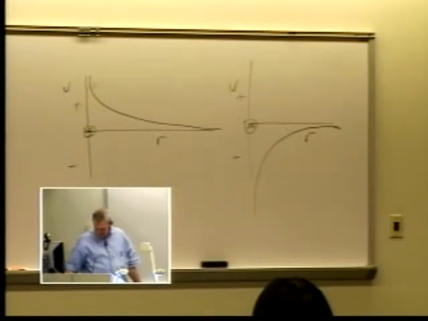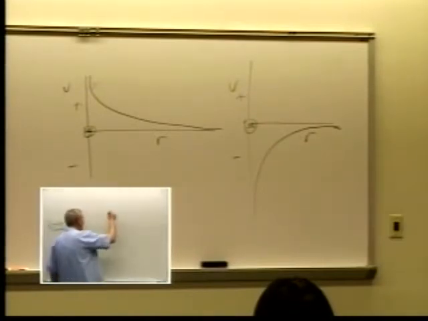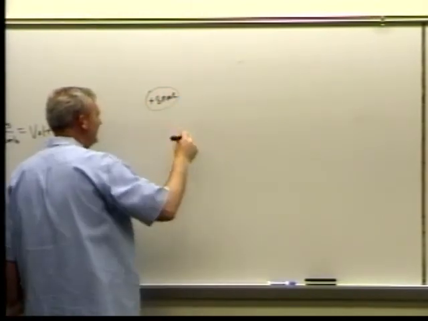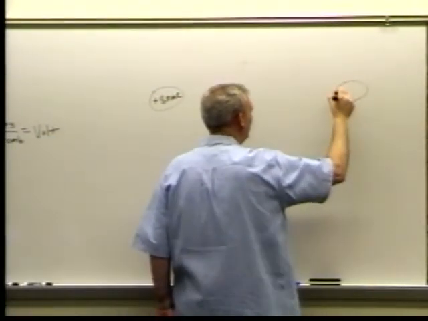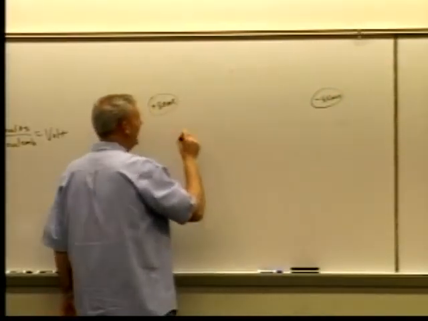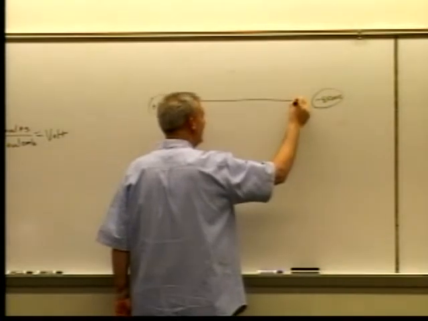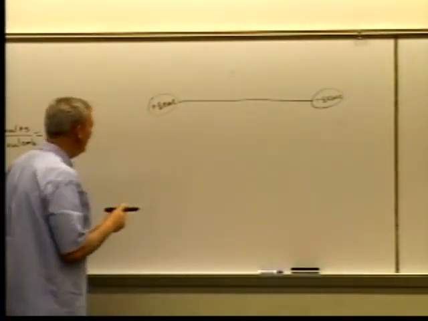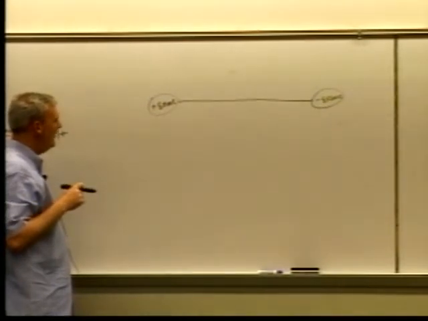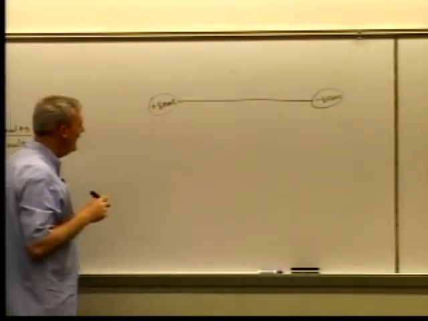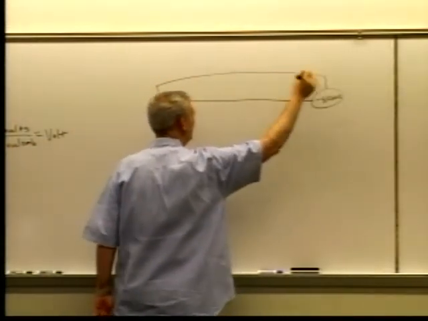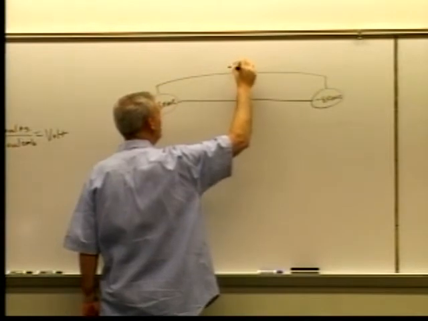Let's say I've got plus 8 microcoulombs right here, and I've got negative 8.0 microcoulombs right here, just on this line only, and let's say that the whole thing is 0.8 meters apart.